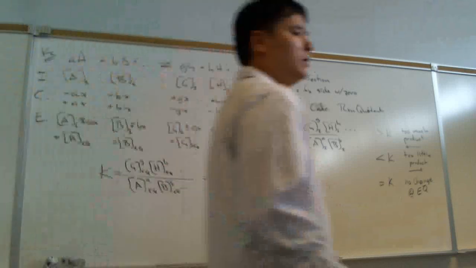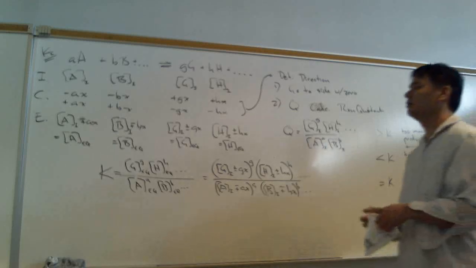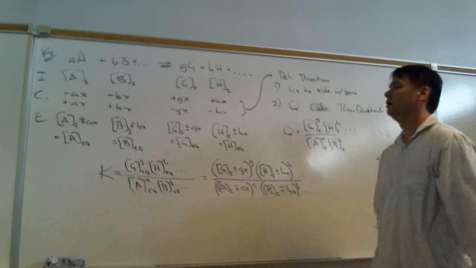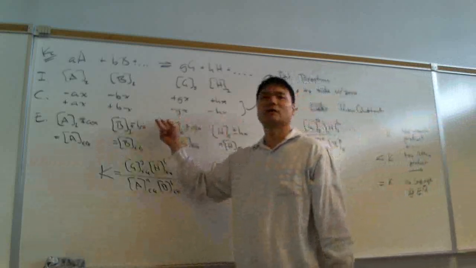What confuses a lot of people is whether the stuff that's given in the problem is initial or equilibrium. A lot of people get mixed up. There are other mistakes that people make. Sometimes they make a mistake in picking the wrong direction.